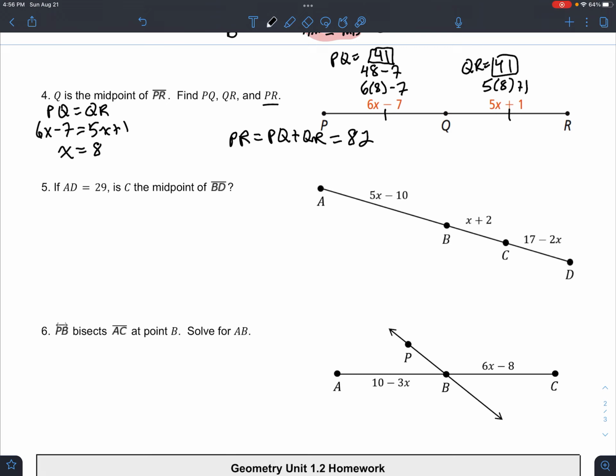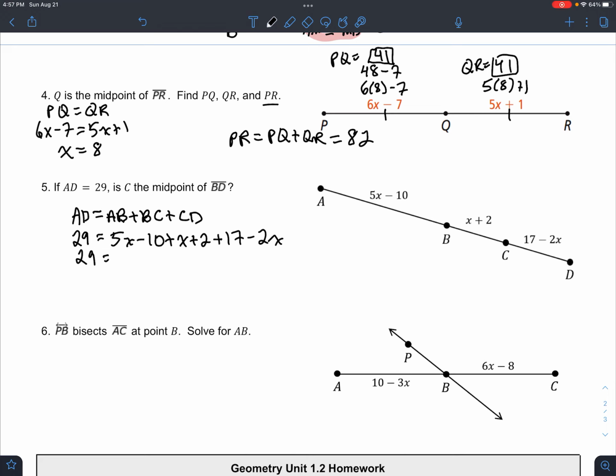If AD is 29, is C the midpoint of BD? It's a good question. One thing I know is that AD is AB plus BC plus CD. So 29 is equal to 5x minus 10 plus 2x plus x plus 2 plus this.